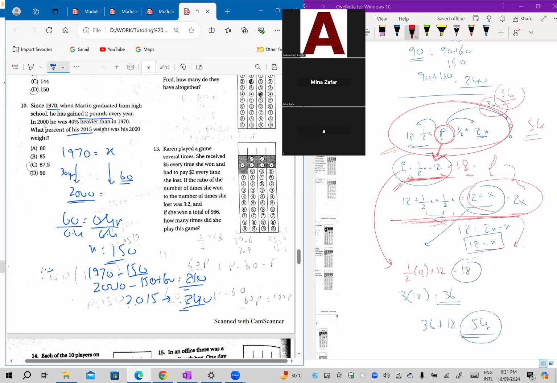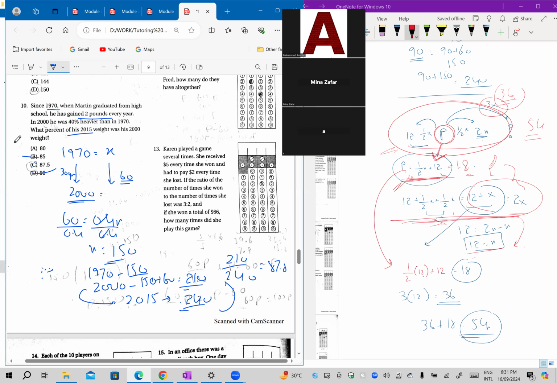240 pounds in 2015, so what percent of this is the 2000 weight? So 210 over 240, which is 87.5%. Where did the 240 come from? I'm confused about that. Think about it: from 2000 to 2015, how did 240 come?